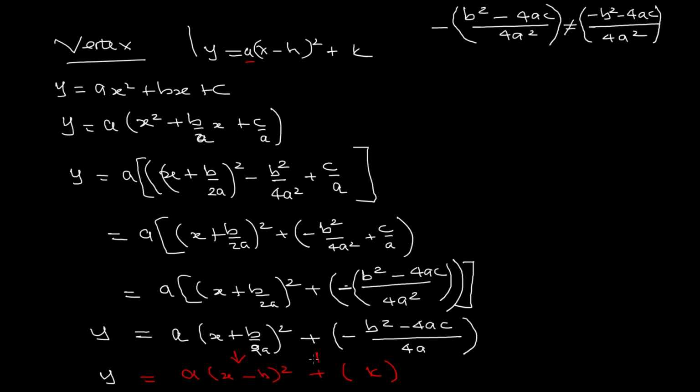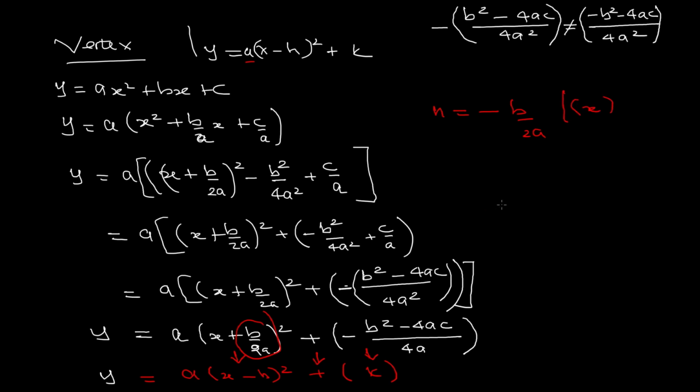So we have the plus, and then we have the k. Meaning that we can now say that x or h is equal to minus. Remember, this is minus and that is positive. So at the end of the day, if I want to say h, I'll have to transfer the negative to this guy here. So it will be b over 2a. That's the vertex.